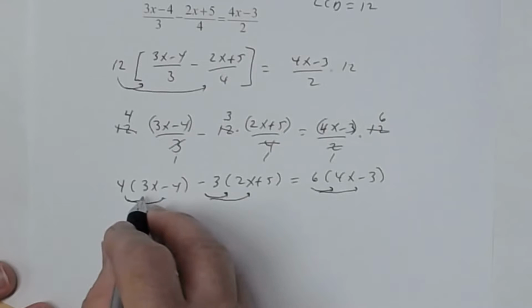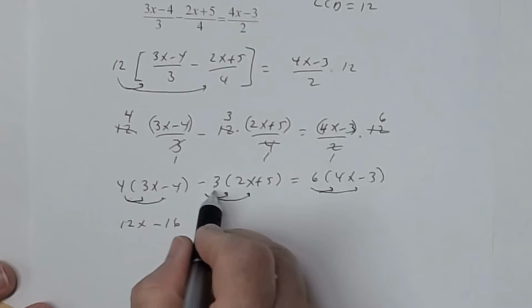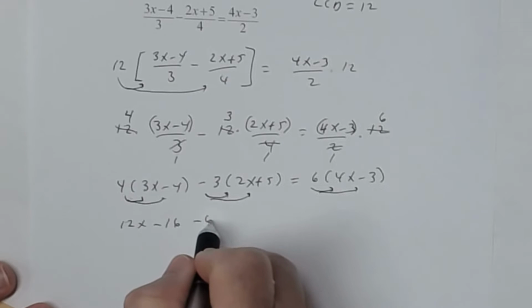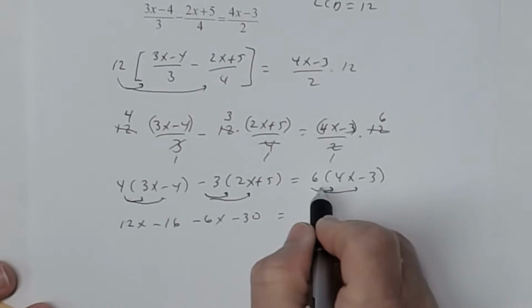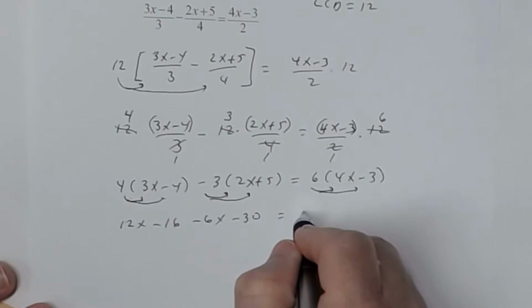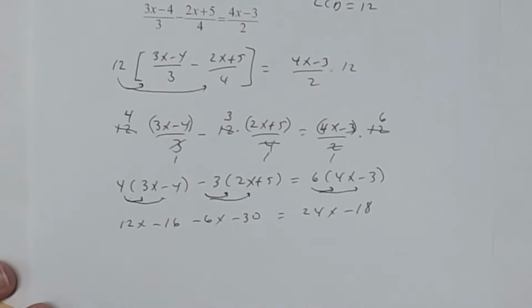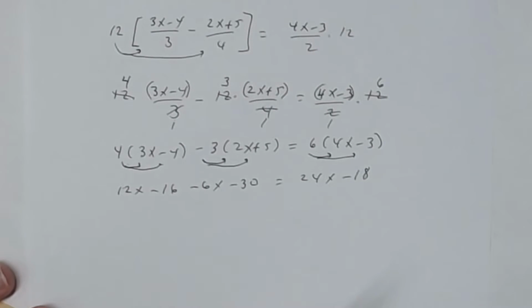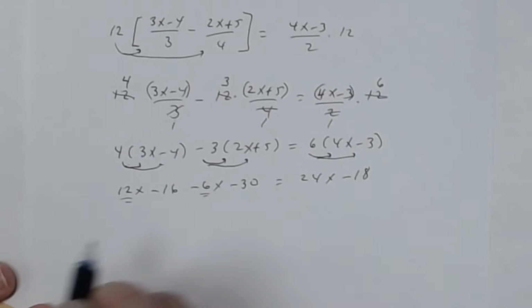So I get 4 times 3x is 12x. 4 times a negative 4 is a negative 16. Negative 3 times 2x is a negative 6x. And negative 3 times 5 is a negative 30. Equal. And then 6 times 4x is 24x. And then 6 times a negative 3 is a negative 18. Combining like terms, just like in problem 1, I can combine the 12x and the negative 6x.